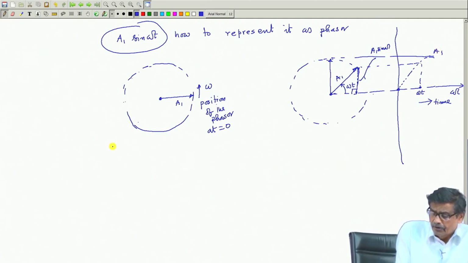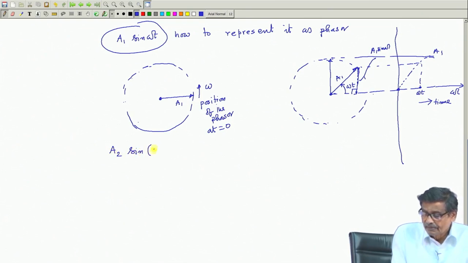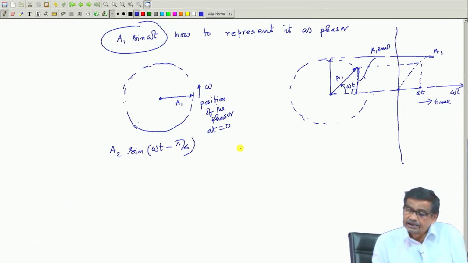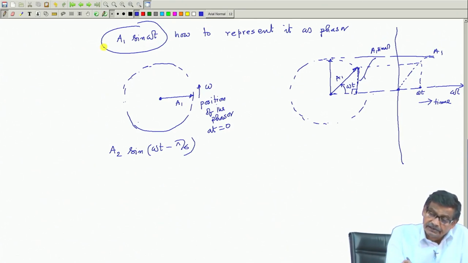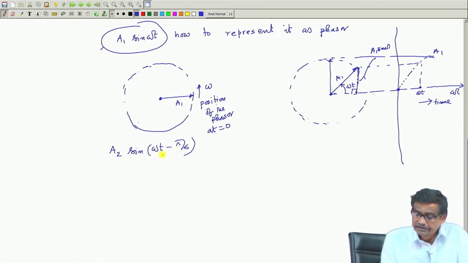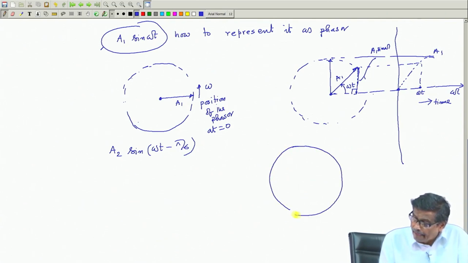Suppose you have got another phasor A2 sin omega t minus pi by 6. So, this is one phasor, this is another phasor. What is the angle between them? Pi by 6. Therefore, if this is A1, at omega t equal to 0 it was lying here. At omega t equal to 0, A2 was lying there.